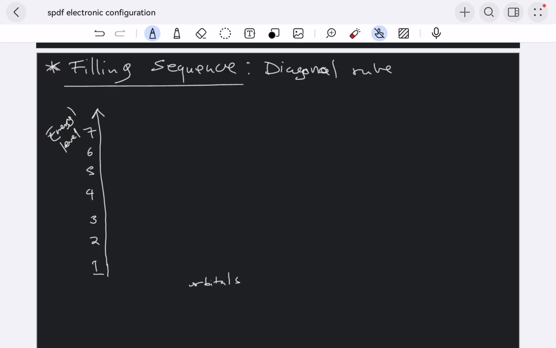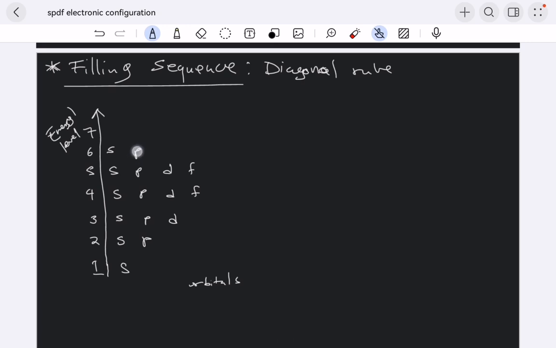In 1, we have the s. In 2, we have s and p. In 3, we have s, p, d. In 4, we have s, p, d, f. We'll end on f. In 5, we say s, p, d, f.